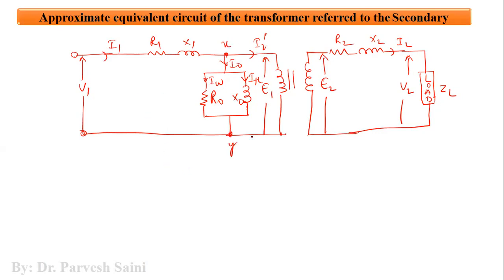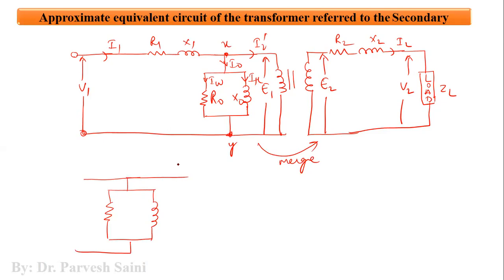Now when we merge this into this, right? So what will happen? It will look like this one. So first of all, we have the core parameters, right? And then we have this.